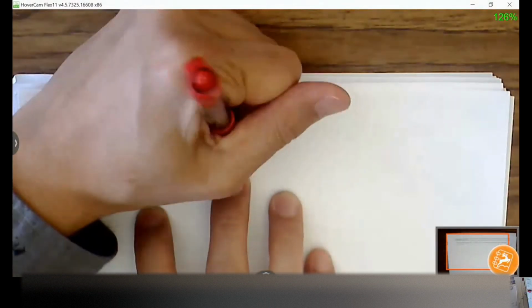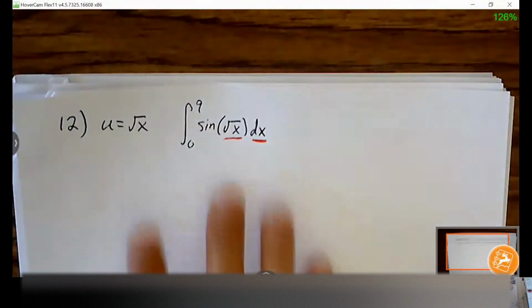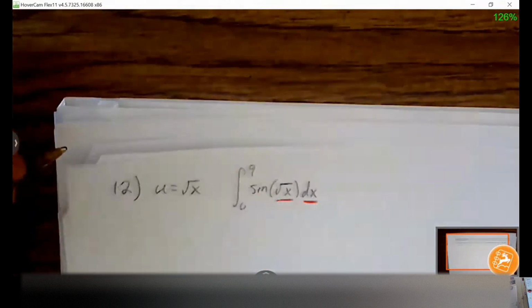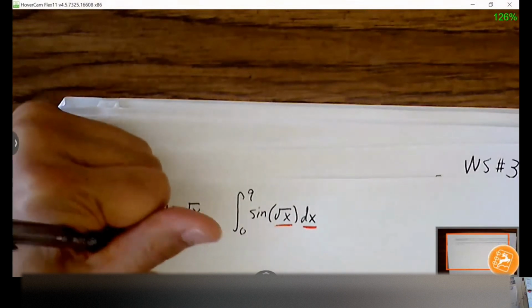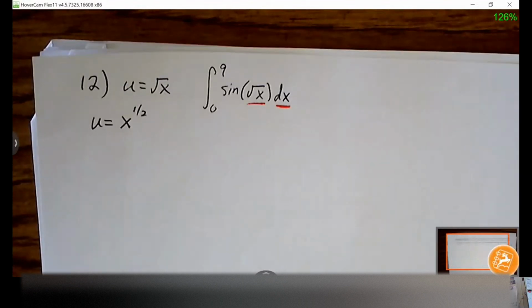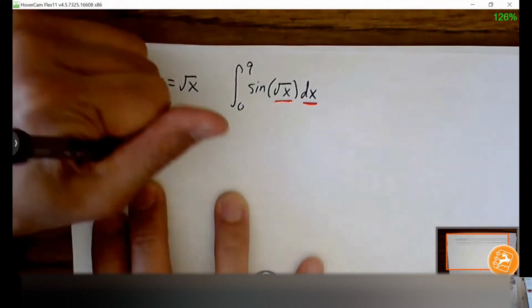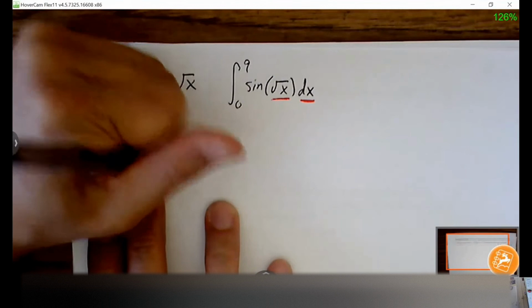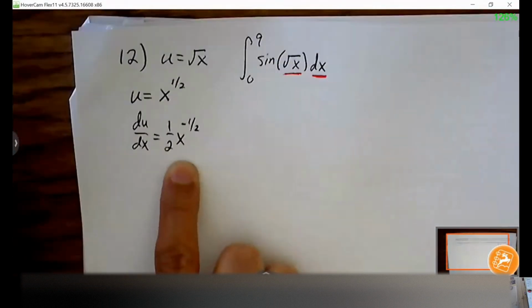I need to replace root x. I need to replace dx. Okay, so if I want to find the derivative, du dx equals 1/2 root x.